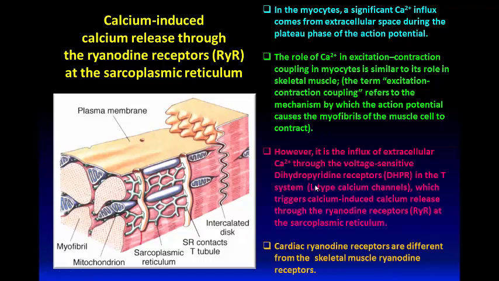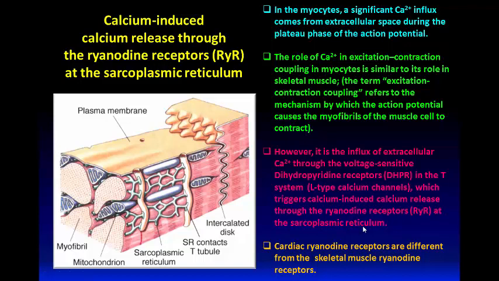However, in the cardiac muscle cells, it is the influx of extracellular calcium through voltage-sensitive dihydropyridine receptors in the tubular system, which triggers calcium-induced calcium release through the ryanodine receptors at the sarcoplasmic reticulum.